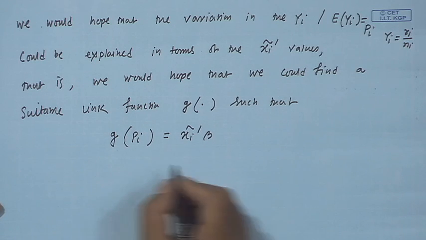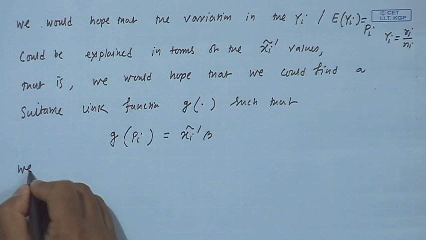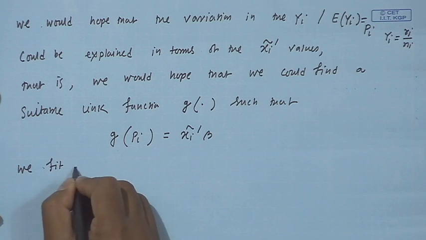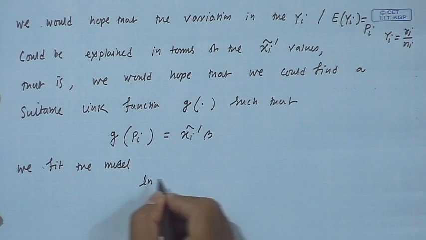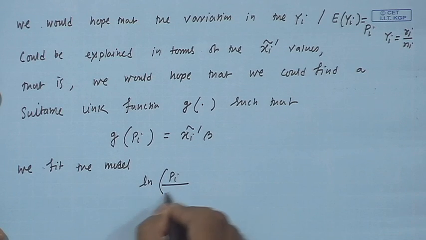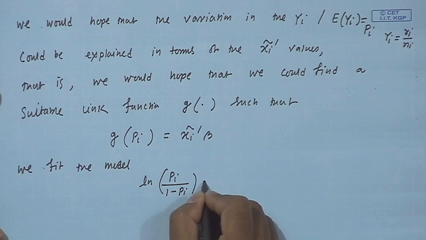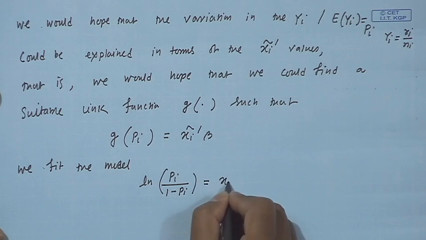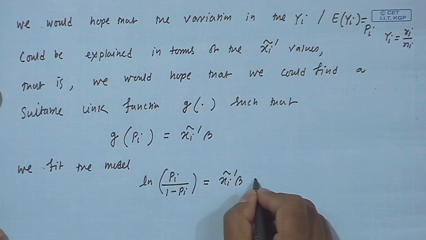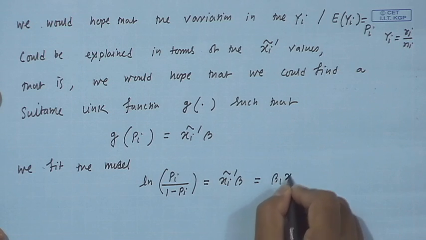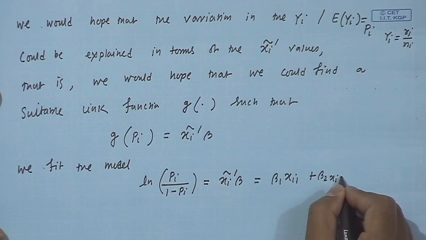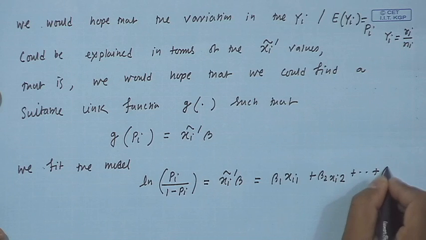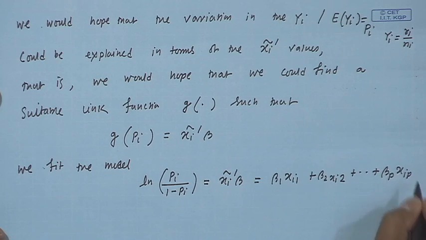That is why we fit the model ln p_i by 1 minus p_i equal to x_i prime beta. So, this one is nothing but beta_1 x_i1 plus beta_2 x_i2 plus ... plus beta_p x_ip.